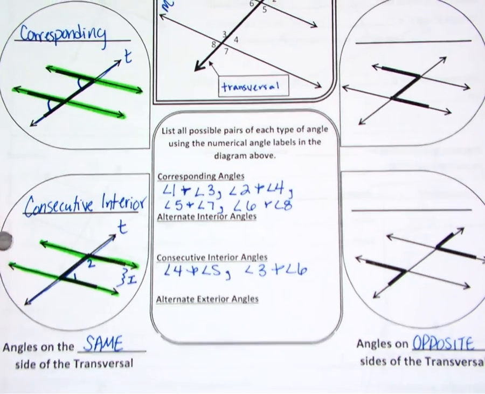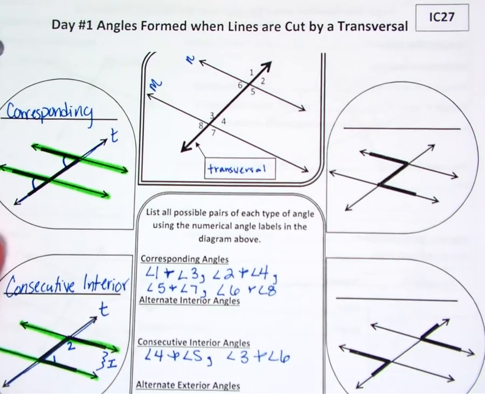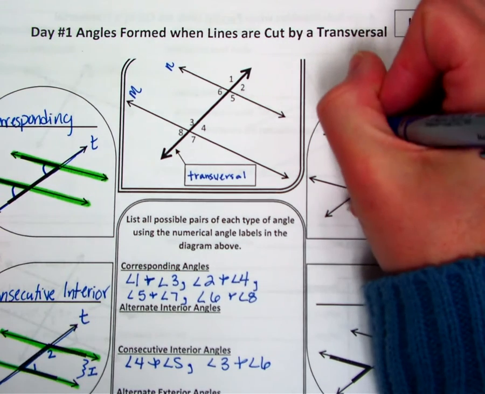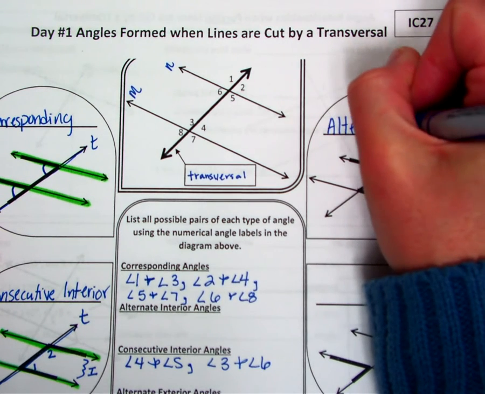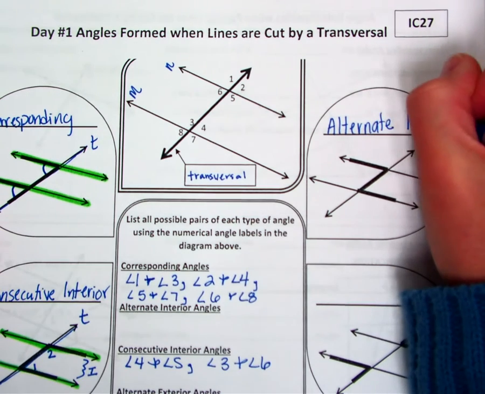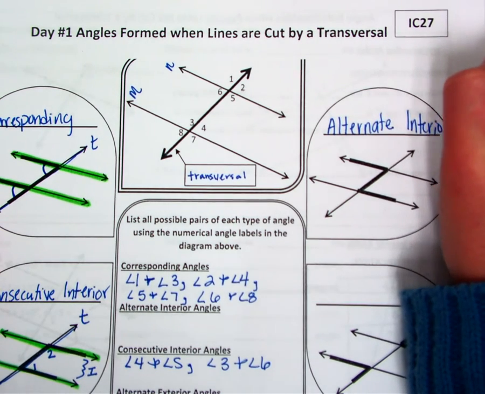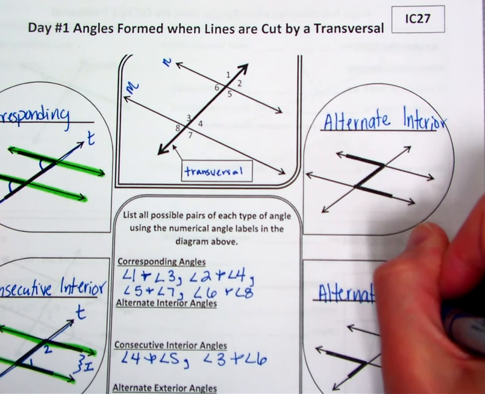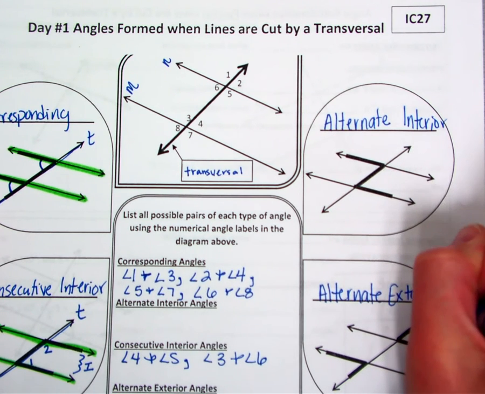Okay, so let's talk through those. The two that are on opposite sides of the transversal are alternate, just meaning opposite side, alternate interior, and alternate exterior.